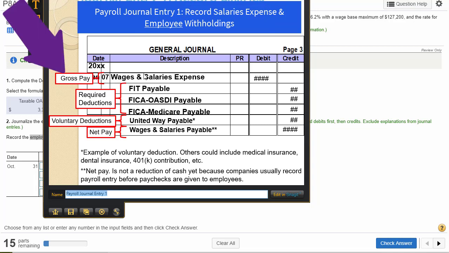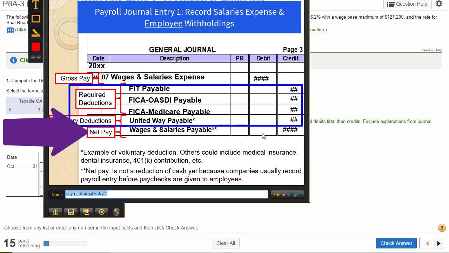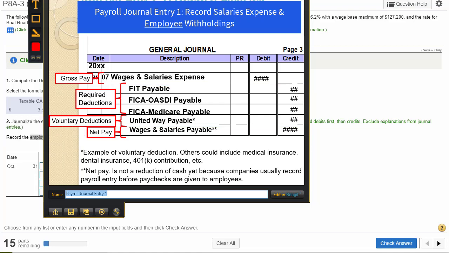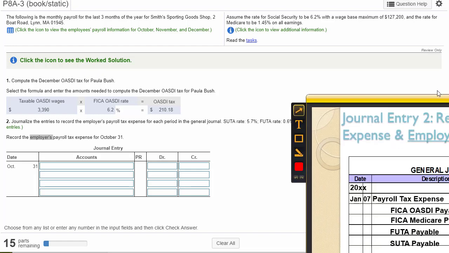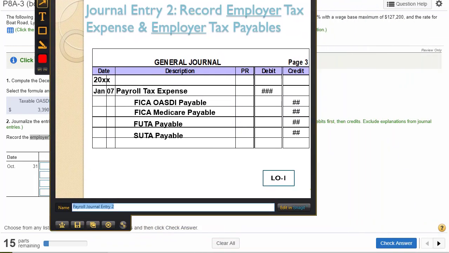So we have the gross wages here and then all their deductions. You subtract the deductions from the gross pay, and that gives you the net pay. But we're not going to record this transaction in this problem. They just want you to record the employer. So let's look at the employer journal entry, which is journal entry number 2 in doing payroll.